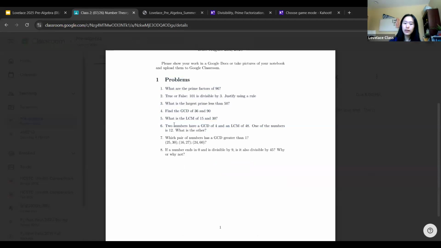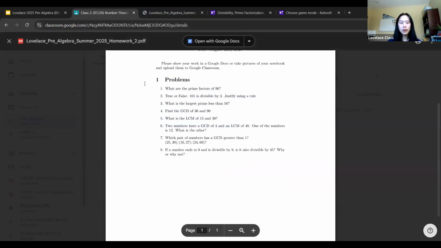Well, the way that I intended for you guys to solve this was you can use the slides from last time, and they basically say that for any two numbers, their product is equal to the product of their GCD times their LCM, right?